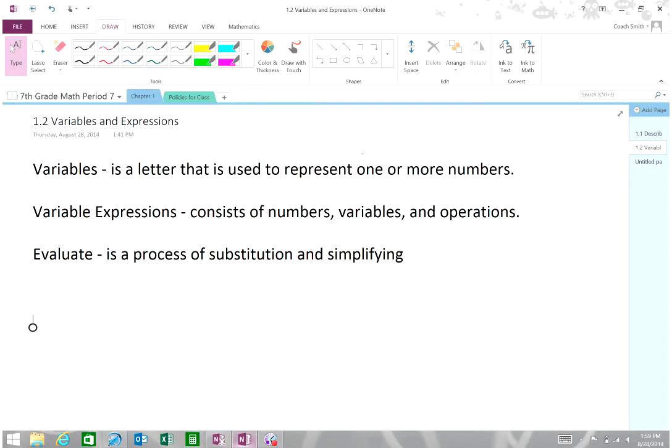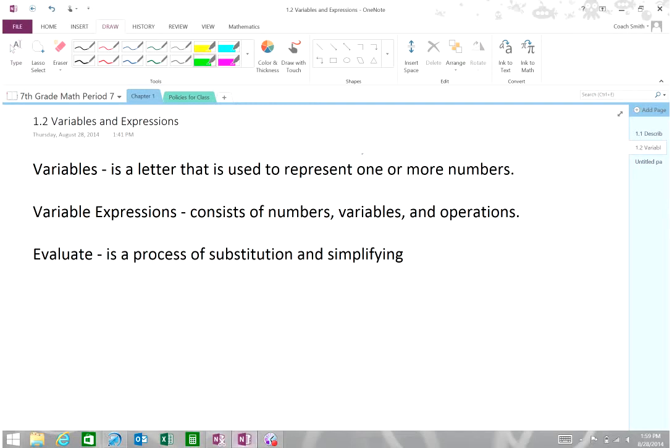Variable expressions is our next definition. Okay, variable expressions consist of numbers, variables, and operations. When we say operations, we're talking about mathematical operations.